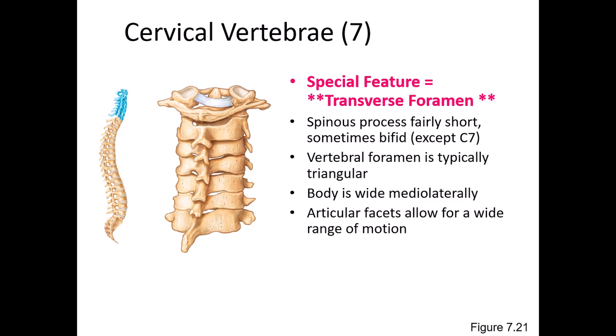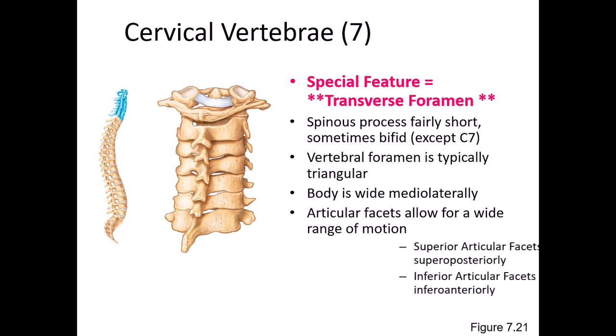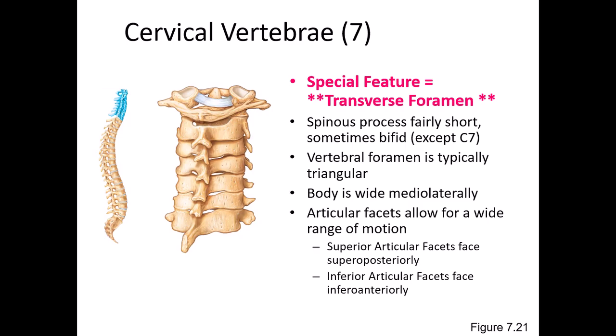And then we do have that rotation, but the rotation is due to the unique atlantoaxial articulation. To get this range of movement, we see that the superior articular facets face supero-posteriorly, so they're facing towards the top and slightly towards the rear, and the inferior facets face the opposite direction, infero-anteriorly. And that's going to allow one cervical vertebra to stack up to the next cervical vertebra.